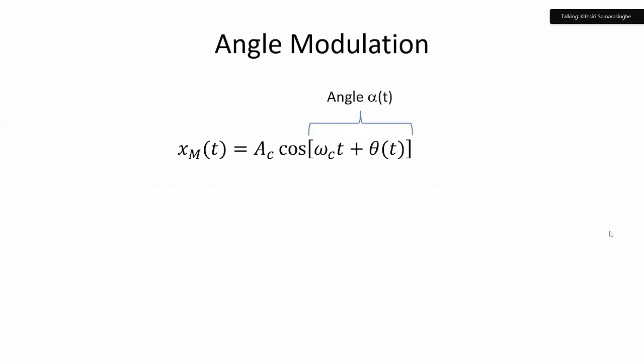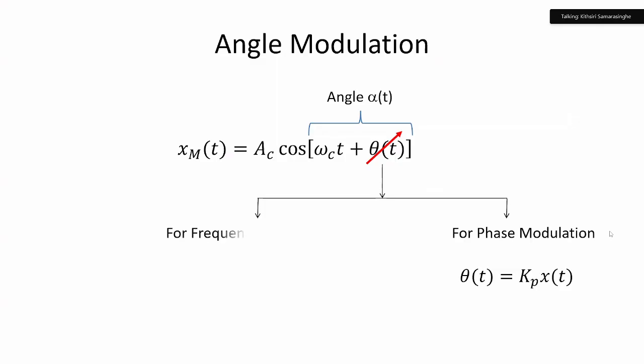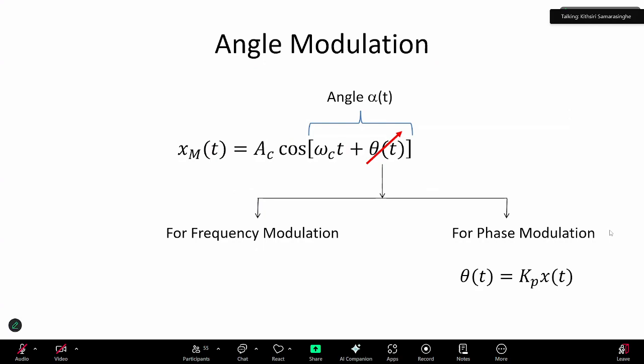So in summary, when we take a sinusoidal waveform, this is the angle α(t). Now we know that when you modulate the angle, you will be getting variations in this term θ(t) in two ways. What are the two ways? Phase modulation and frequency modulation. In phase modulation, θ(t) is directly k_p into x(t).